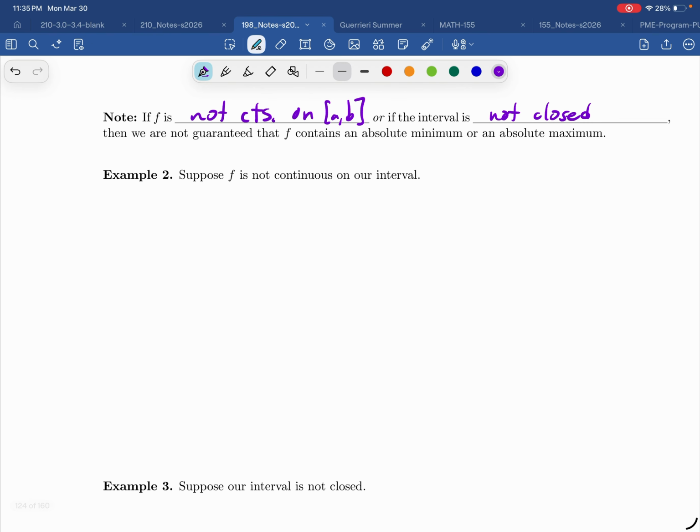For example, if we have a function that's not continuous on A to B, we might have something like this. So let's see how we could get a non-absolute max. Not a continuous function on the interval.